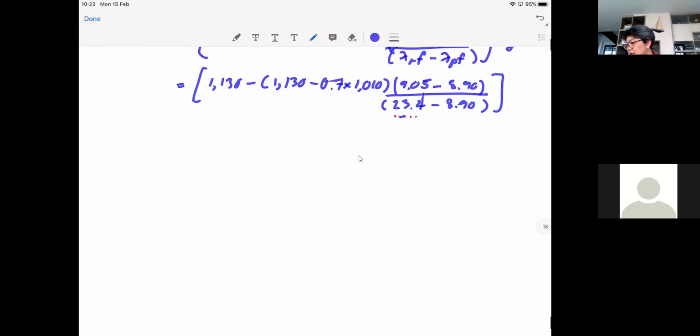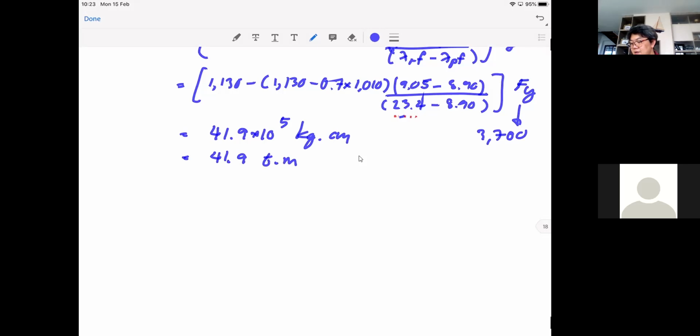And now we multiply this by Fy. Since I'm running out of space, I'm just going to use it like this. And you should know that it's 3700. So that in the end turns out to be 41.9 multiplied by 10 to the power 5 kilogram centimeter, or 41.9 ton meter.